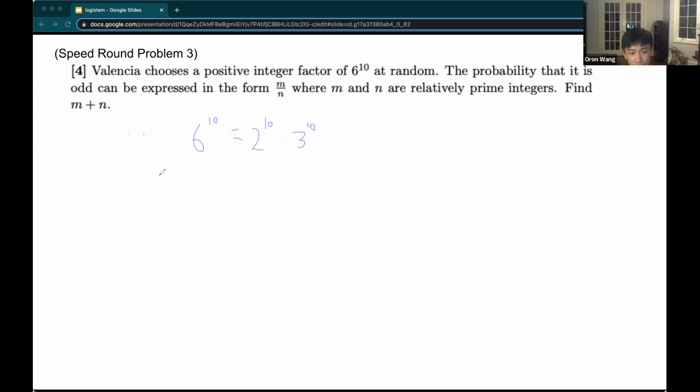We notice that if some number is a factor of 6 to the 10, then it has to be a factor of 2 to the 10 times 3 to the 10.